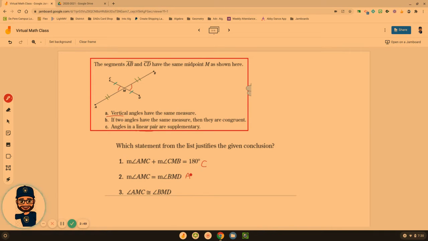That's the measure. How do we then go from saying their measure is equal to those two angles being congruent? If two angles have the same measure, then they are congruent. That is B, or the angle congruence theorem. Okay, and so these are all justifications, evidence of what's happening here based upon some of that given information.